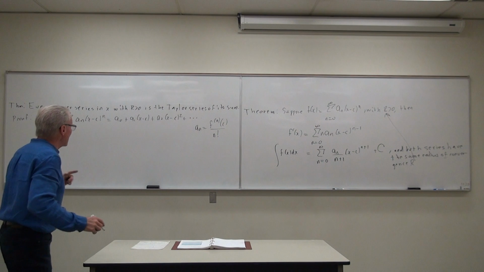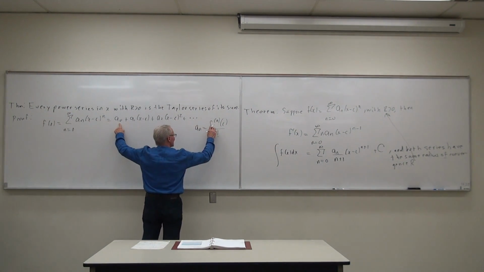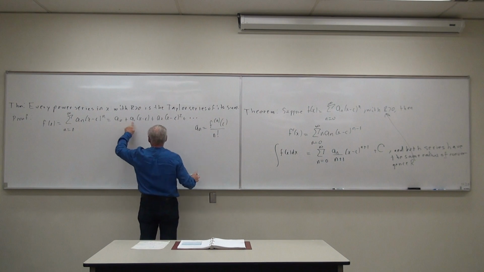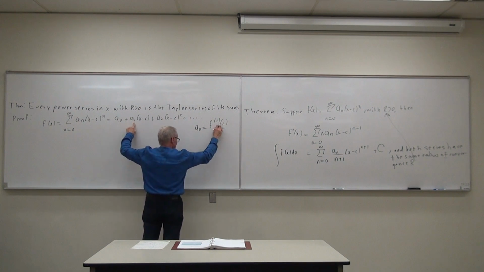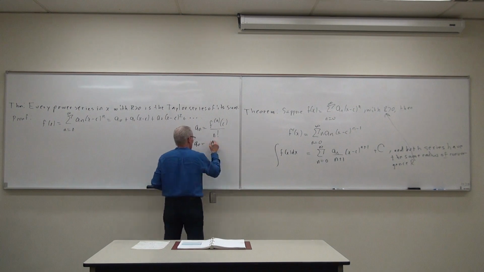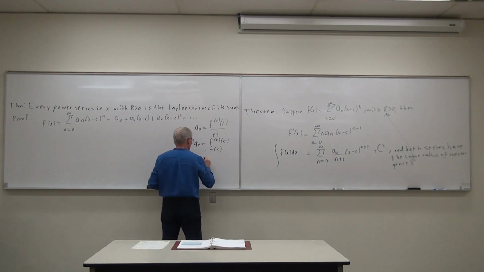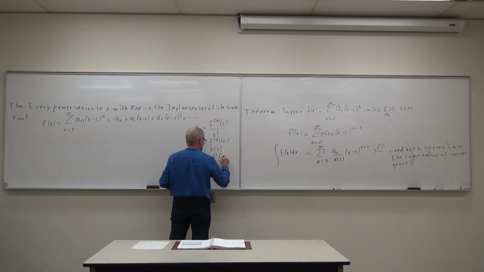All right? I have to prove that a0 is equal to what you get when you plug in 0. I have to prove that a1 is what you get when you plug in here. So let's write that down. a0 has to be equal to the zeroth derivative at c over 0 factorial. That means f at c. I have to prove that a sub 1 is the first derivative at c over 1 factorial.